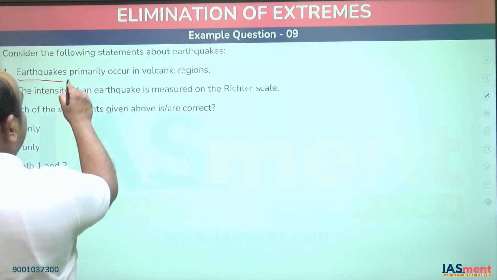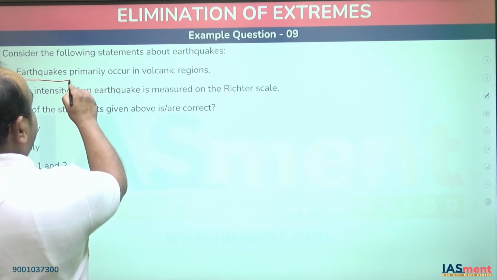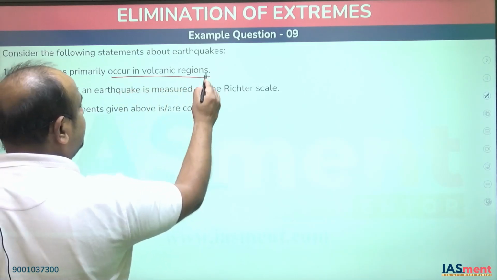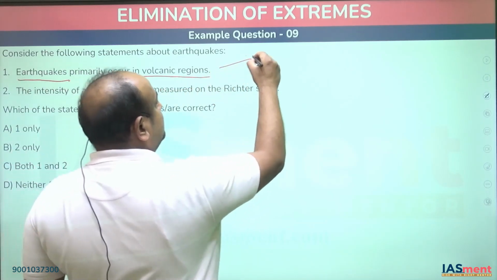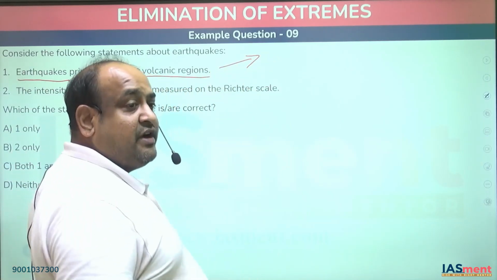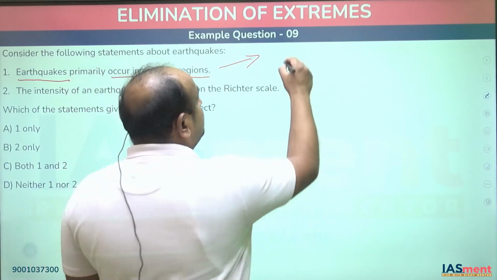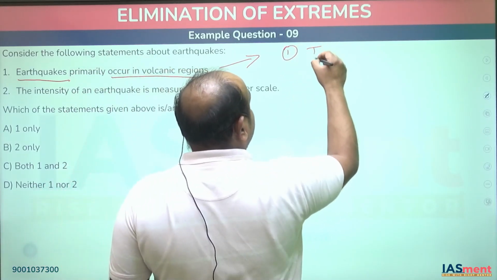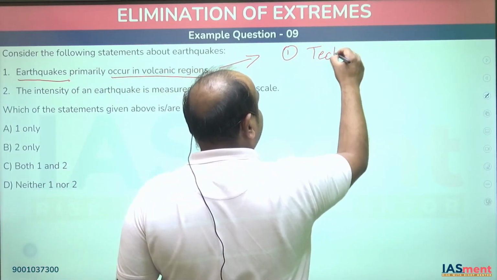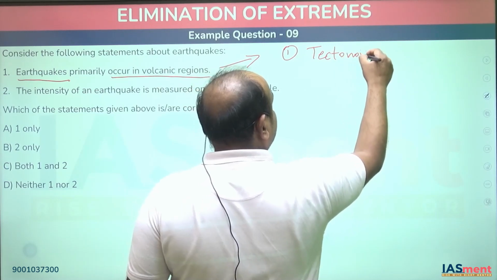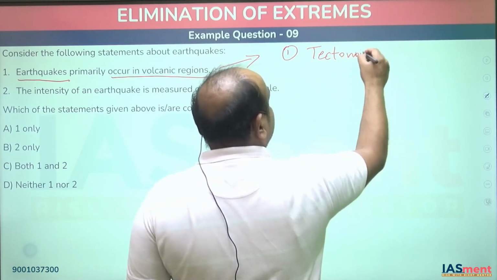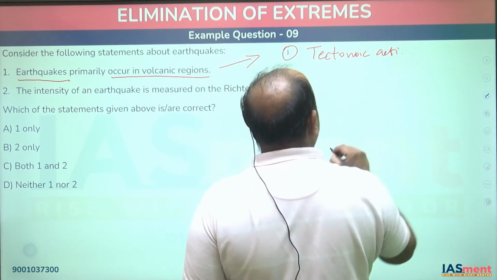Option 1 is earthquakes occur in volcanic regions. Where do earthquakes occur? First, due to tectonic activities.